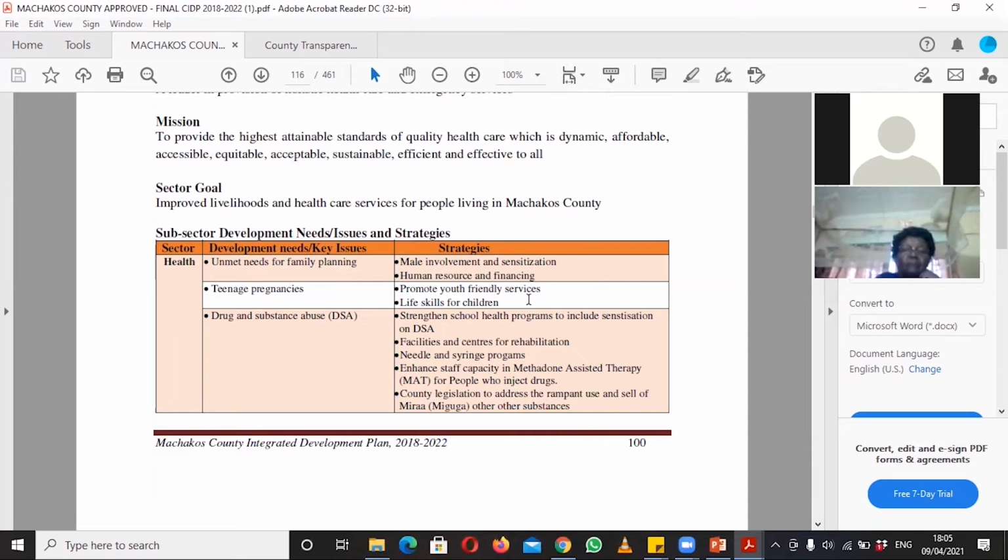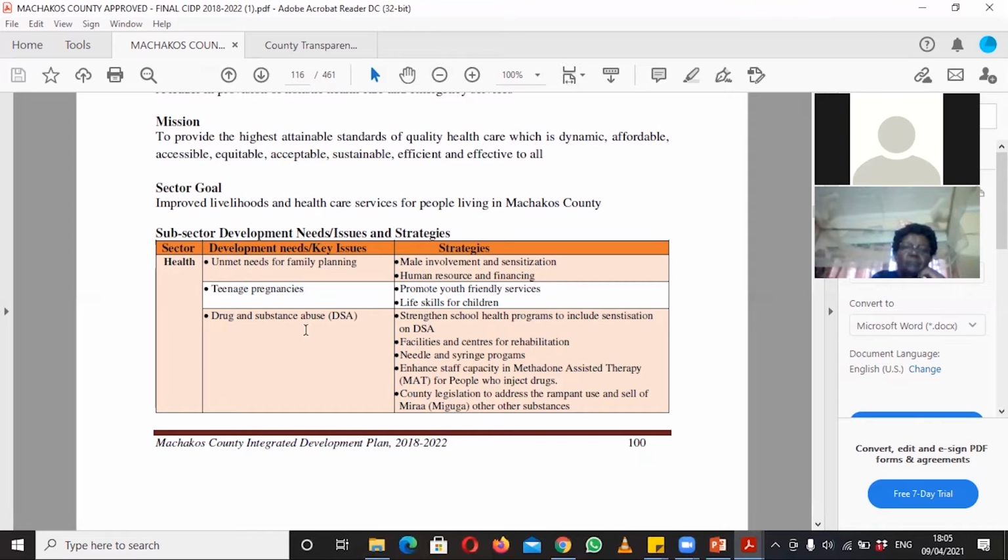And I can say that the county right now has carried out a survey, and they have identified what is missing in the different youth-friendly centers in the county and what needs to be done, okay? So the county's mode of tackling teenage pregnancy is by promoting life skills for children and promoting youth-friendly services.